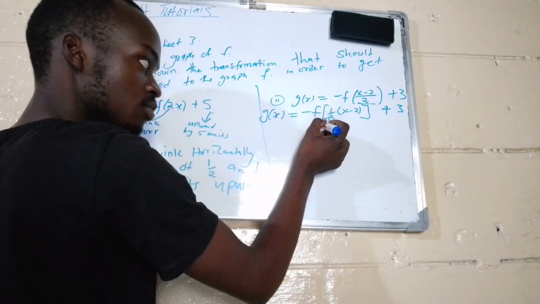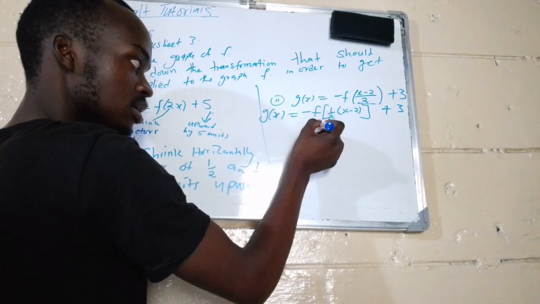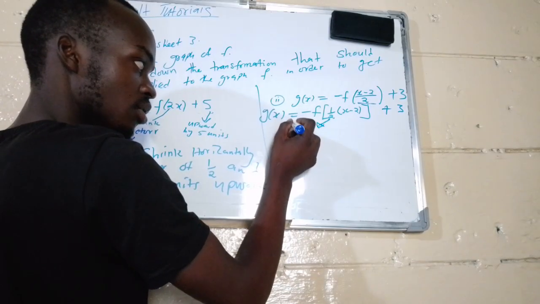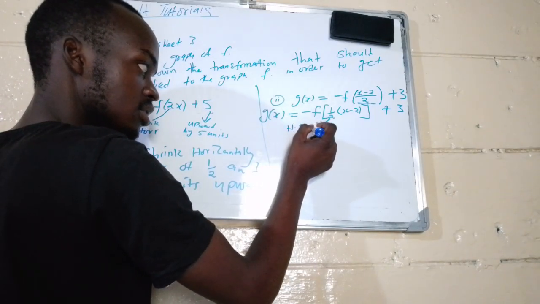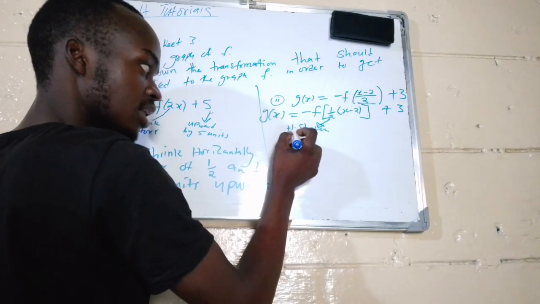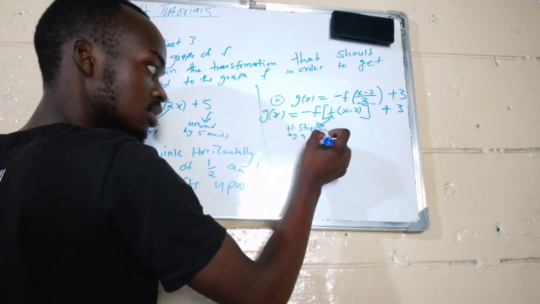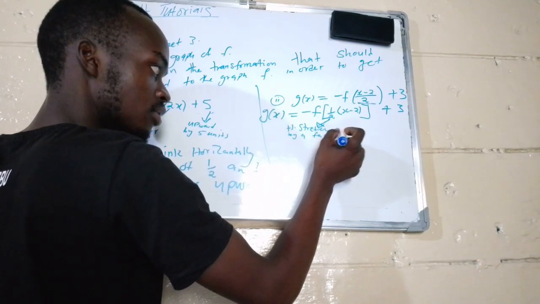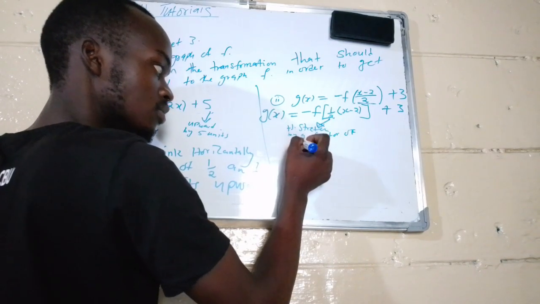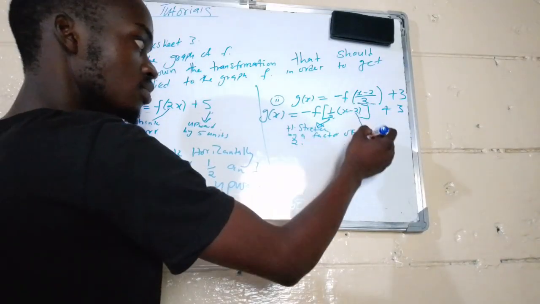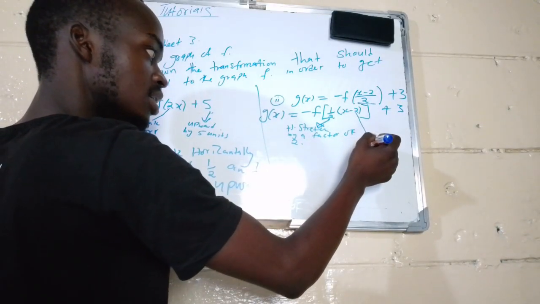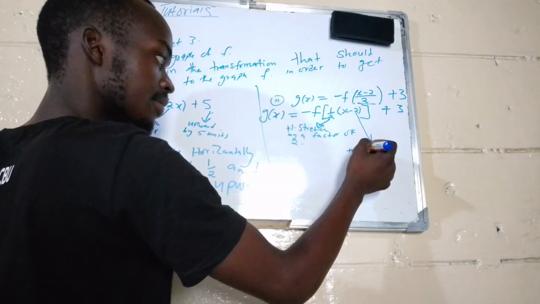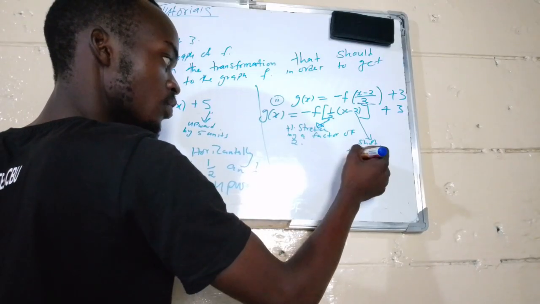So now the 1 over 2 is still inside the function. What does it talk about? Since it's a fraction, it is a horizontal stretch. By what factor? The reciprocal. A factor of 2. This minus 2 shifts to the right 2 units.